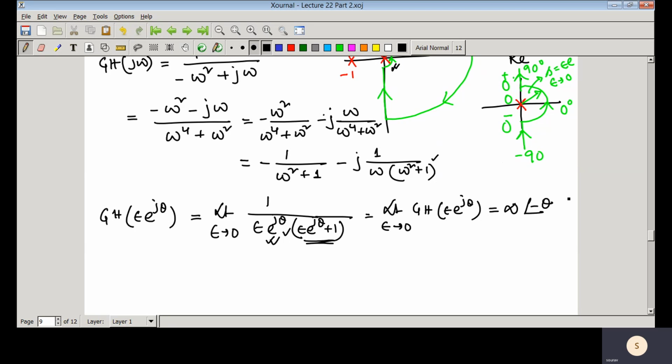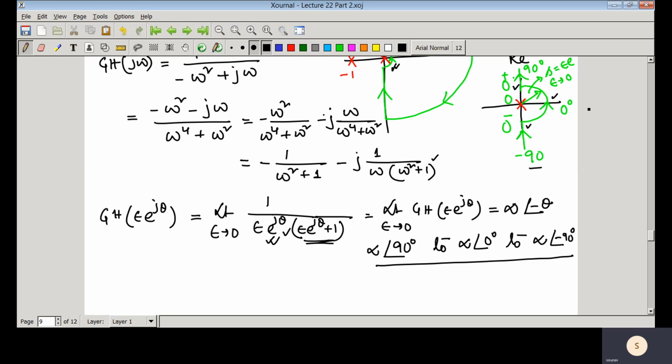Now you can see that theta is varying from minus 90 to 0 to plus 90. So that means infinity, with angle varying like this: minus theta, so minus 90 degree gives plus 90 degree, to infinity at angle 0 degree, to infinity at angle minus 90 degree. So whenever you map this particular contour to the G(s)H(s) plane, you will see that for this particular part there will be this variation.